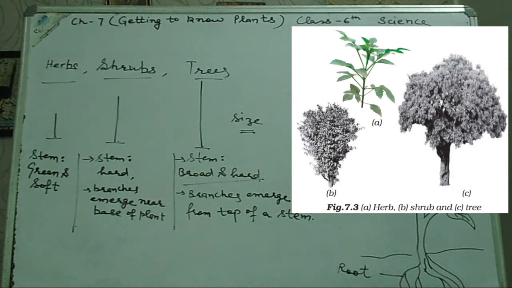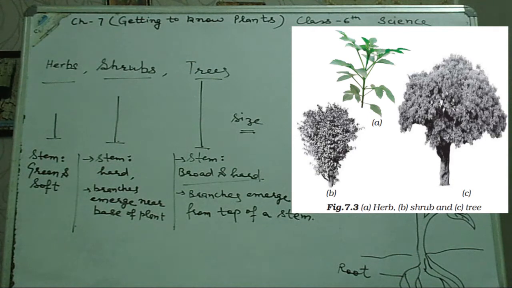Many herbs we can see are just 1 foot or more than 1 foot, near about 1 to 2 feet maybe will be their height. Then come the shrubs. Shrubs are taller than herbs. And trees are the highest ever, the longest ever plants.